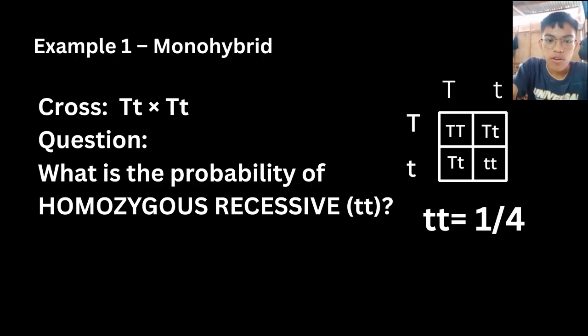Then using the formula of event 1 times event 2, you can find the probability of both parents, which is 1/2 times 1/2 is equal to 1/4. Therefore, ang probability nga ang offspring kay homozygous recessive, small letter t, small letter t, is equal to 1/4.